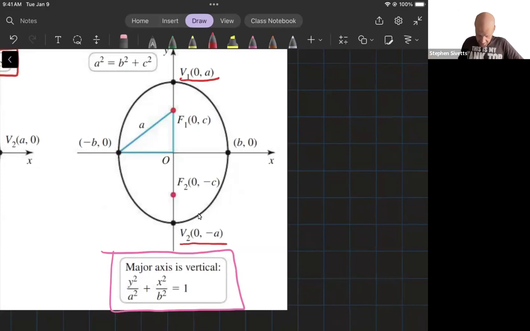So the vertices this time are at (0, a) and (0, -a), and these will be the foci.